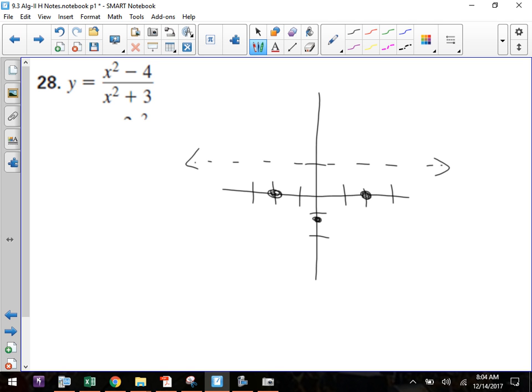So these are the style that you should be able to figure out pretty quick. What's 3 squared? 9. What's 9 minus 4? 5. What's 3 squared? 9 plus 3? 12. So at 3, it's 5/12, which is just about halvesies, so it's here-ish.